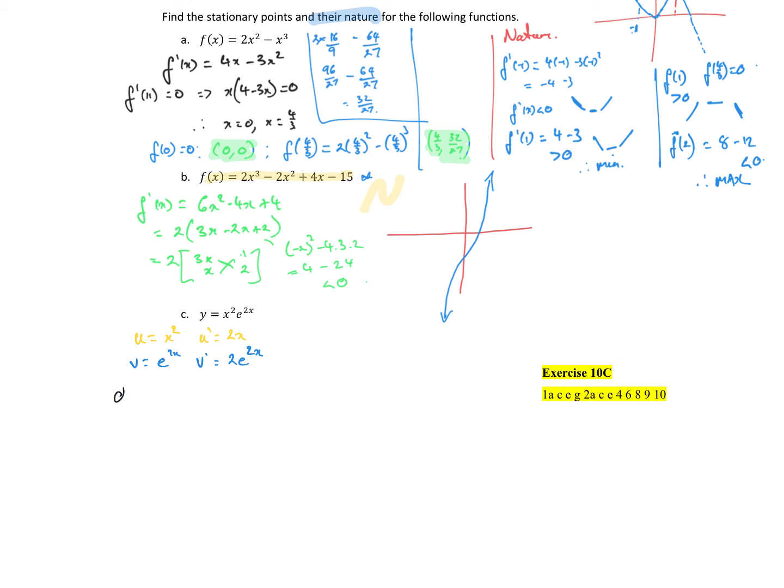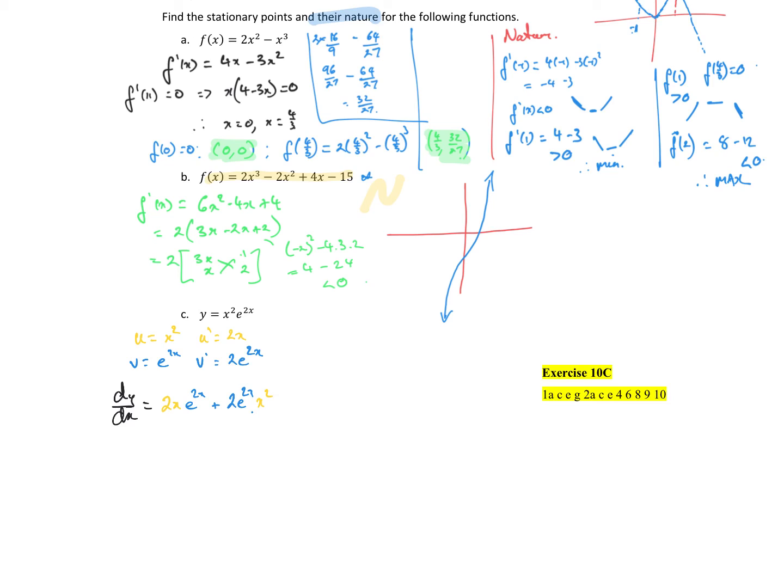So dy/dx is equal to, we'll say, derivative of the first, which we'll call 2x, times the second, plus derivative of the second, which is 2e to the 2x, times the first.